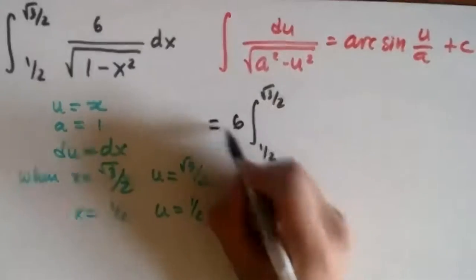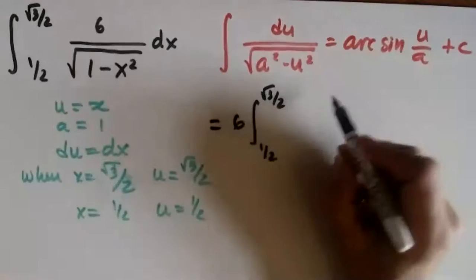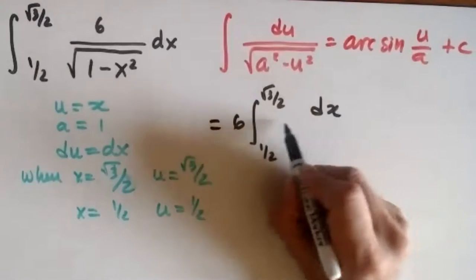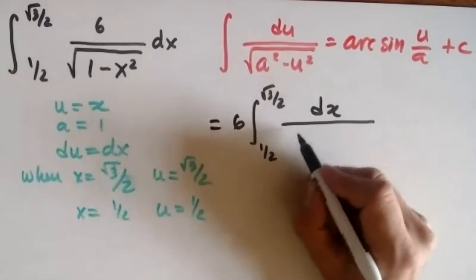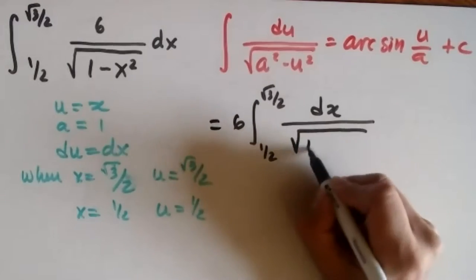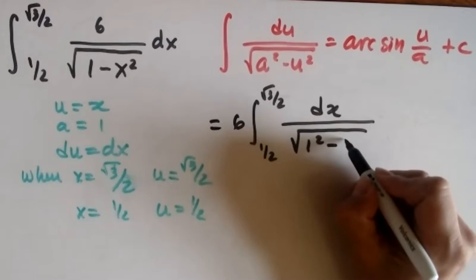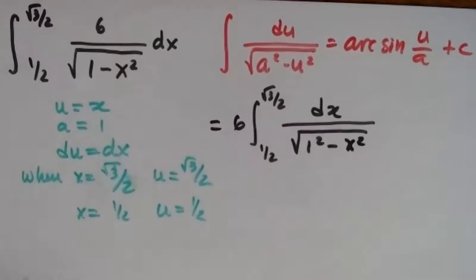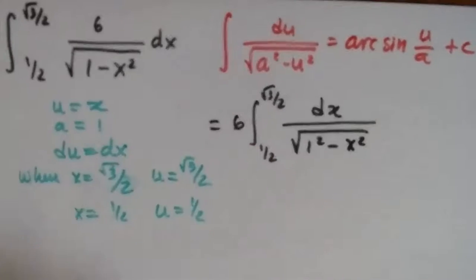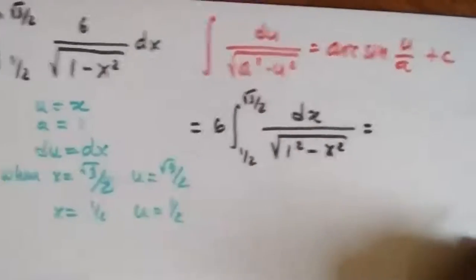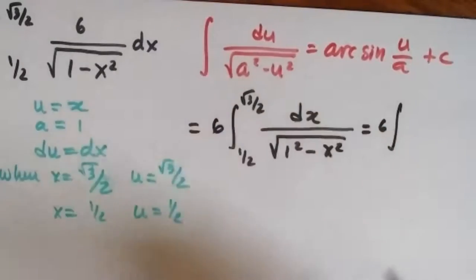The 6 outside, right? I move the 6 out, and then I have dx over the square root of 1 squared minus x squared. So this is 1 squared to match this one. And then this is going to be simply 6 times the integral.